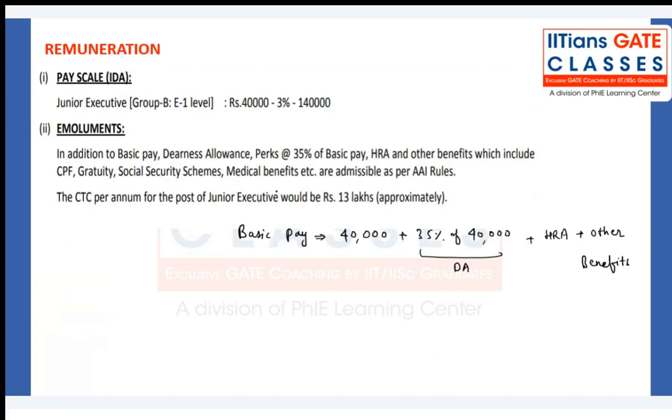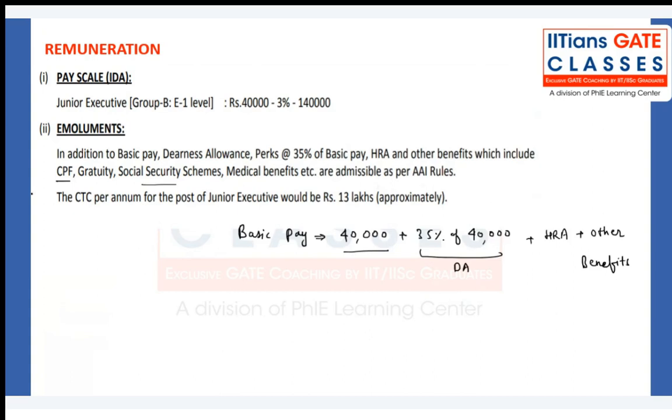So basic pay will be 40,000, with 35% DA of the basic pay, but DA will be slightly more than 35 percent because the central government has increased the DA from 35 percent to somewhat 37 or 40 percent. So definitely in that range you will be getting DA of the basic pay, plus HRA and some other benefits. Then they mentioned other benefits which include CPF, gratuity, social security schemes, medical benefits, etc., as admissible as per the AAI rules.